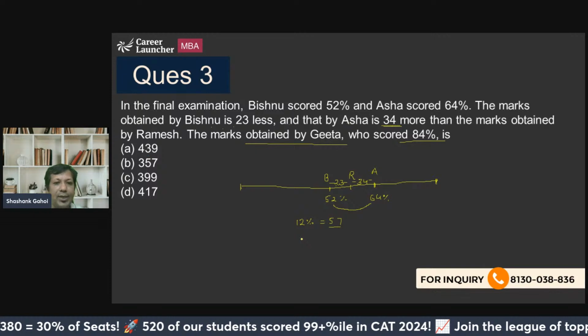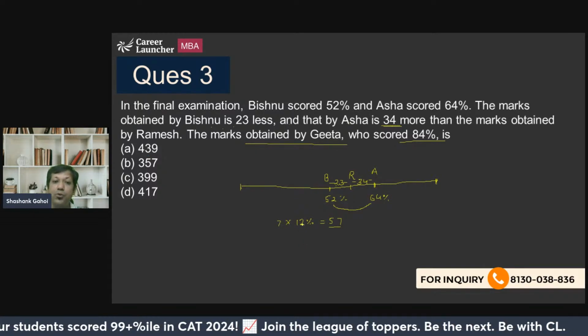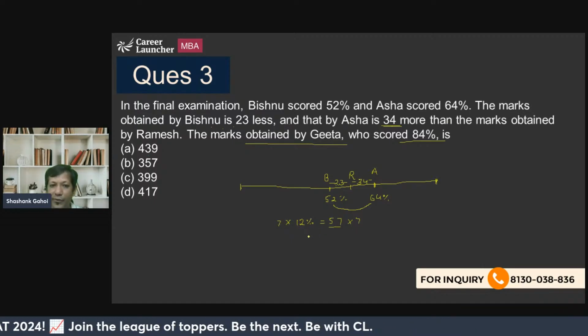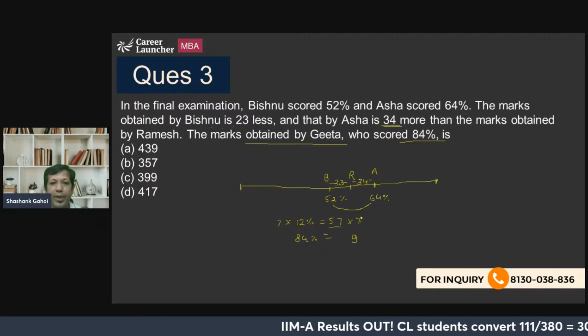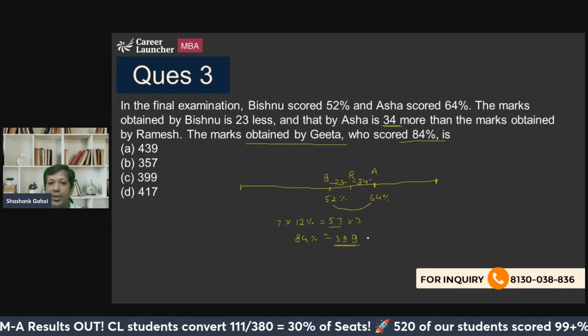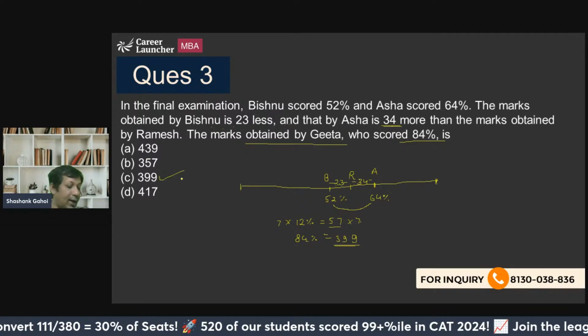So basically, Geeta is scoring 84% and 84 is 12 into 7. So 84% of the marks will be 57 into 7. So that is going to be 7 sevens are 49, 4, and 7 fives are 35 plus 4 is 39, so 399. So marks scored by Geeta, that is 84%, should be equal to 399.